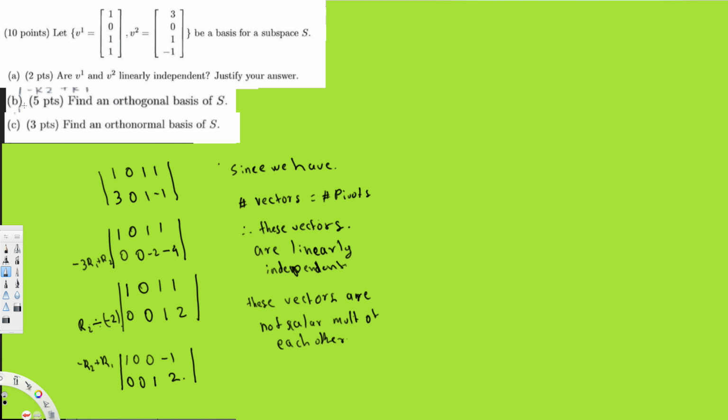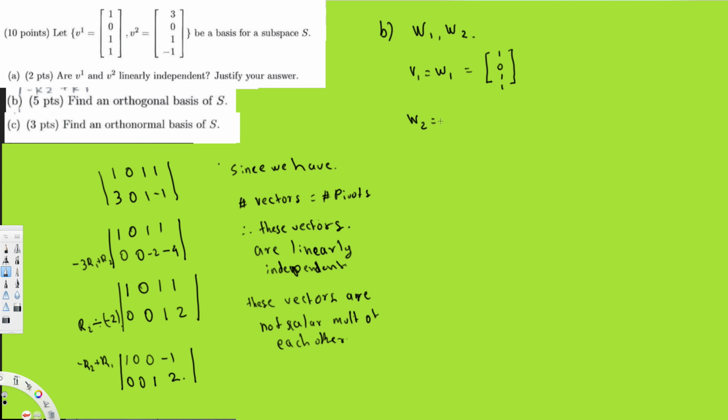The second thing is they're asking to find the orthogonal basis of S. So in this case, let's consider W1, W2, 2 orthogonal vectors. So I take V1 as W1, and that is equal to 1 0 1 1. Now we have to find a vector W2 that is orthogonal to W1.